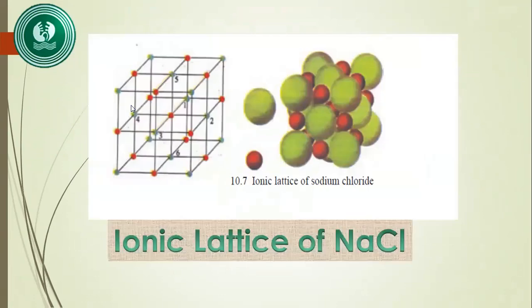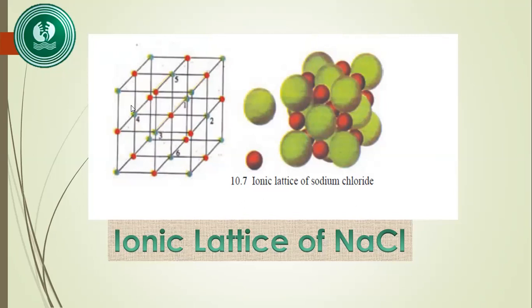Here you see the ionic lattice of sodium chloride. You know sodium chloride is an ionic compound, so it is not a simple molecule. It is in the form of an ionic lattice. That means you should take care: sodium chloride is not like one sodium ion and one chloride ion. It is in the form of a lattice. Here you see this lattice.